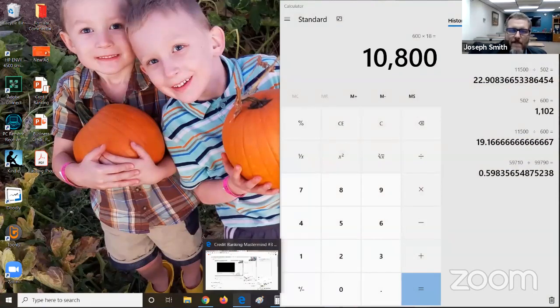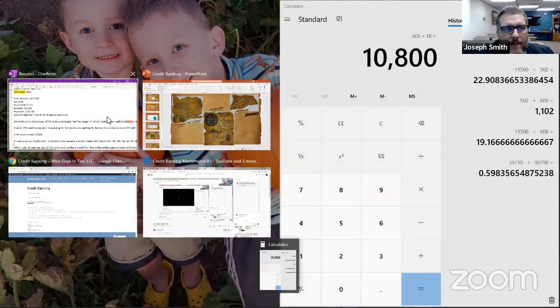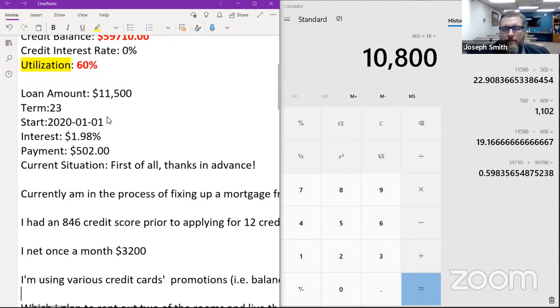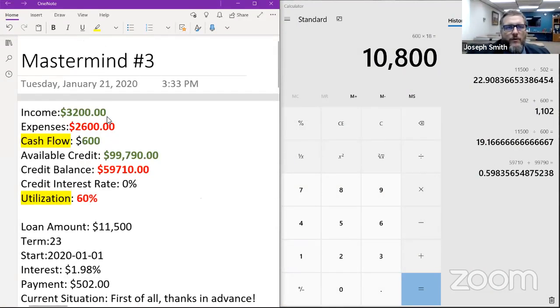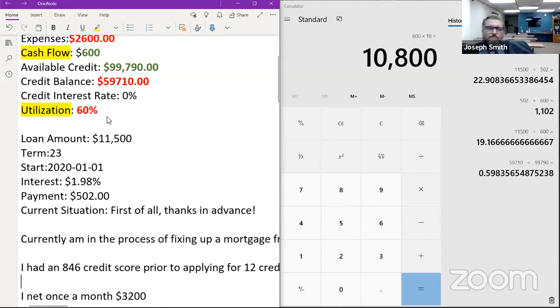Some good questions here, and it's going to depend. We could eliminate the loan, of course.